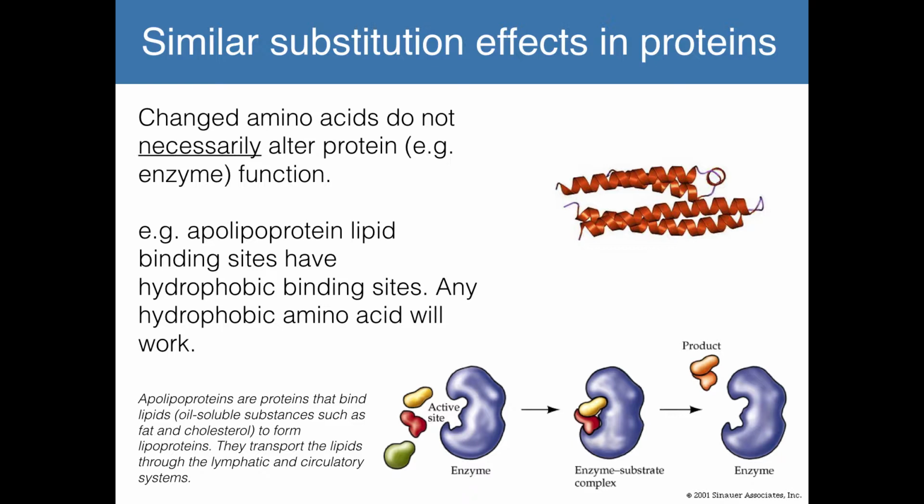So as long as there is a hydrophobic, so water-fearing, amino acid in that position in the instructions, that enzyme will still function. So you can have some change of amino acids, but not change the function of the protein, the enzyme.